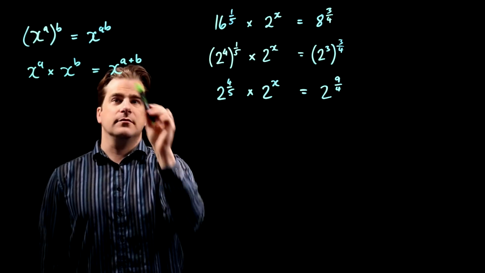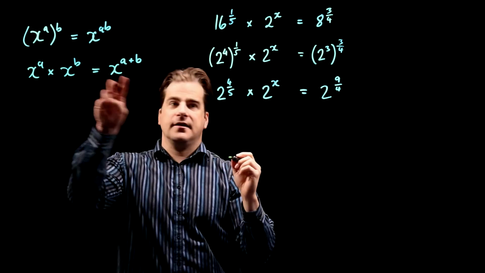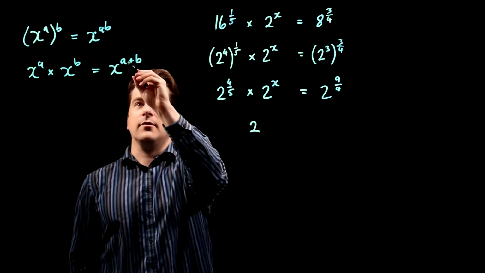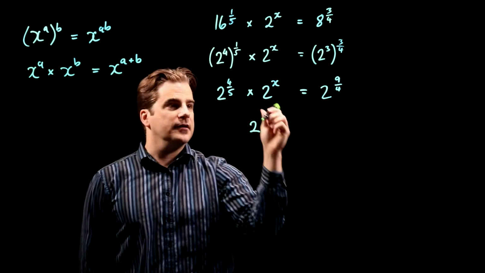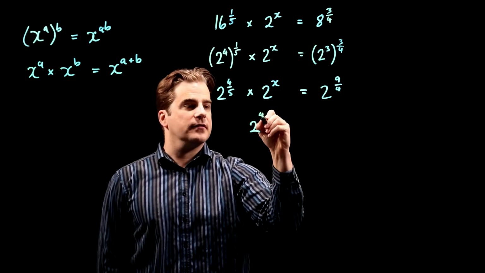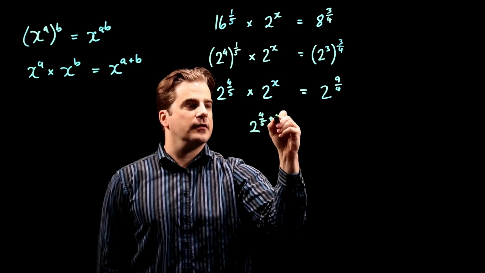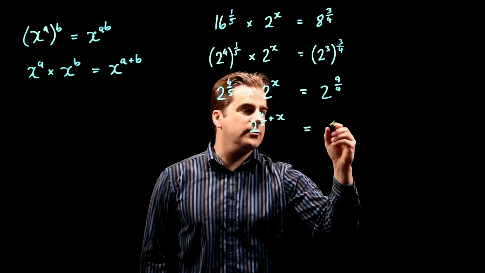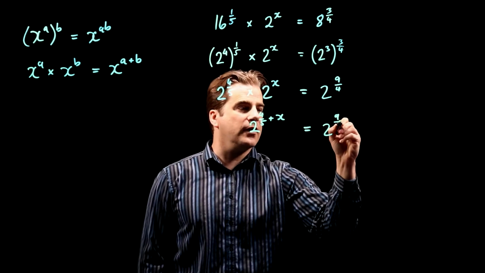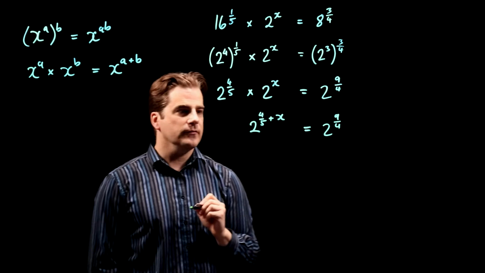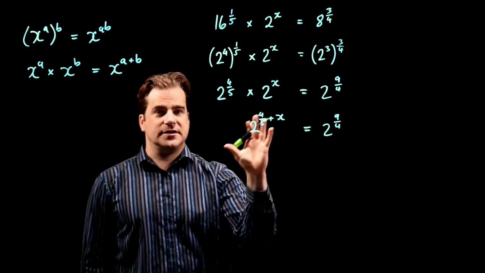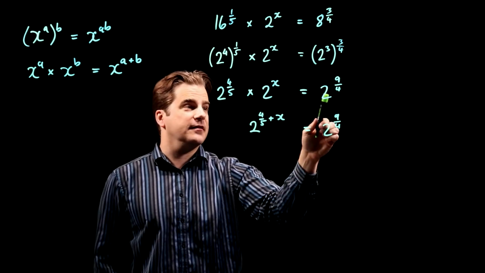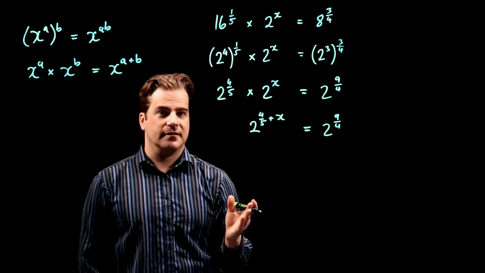So this becomes, the x is 2 if you like, 2 to the power of 4/5 plus x equals 2 to the power of 9/4. Good, so this question is easy if you know your power rules and you know the trick to rewrite it all to the same base.